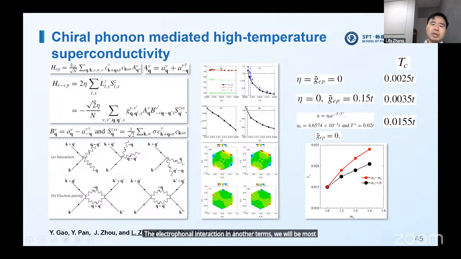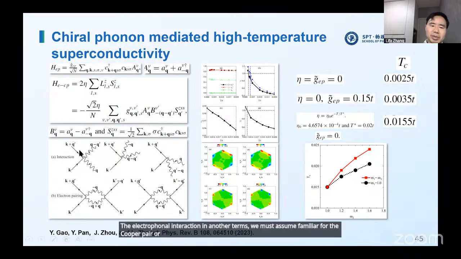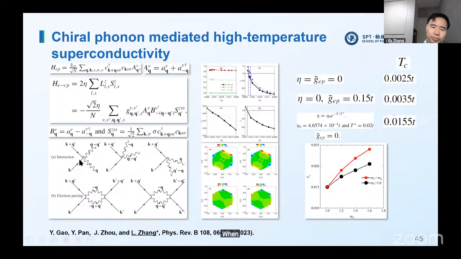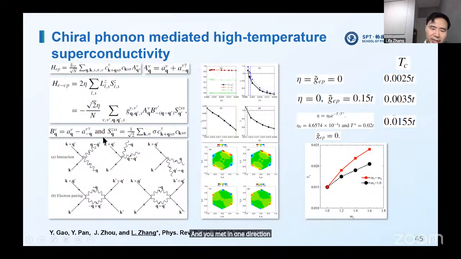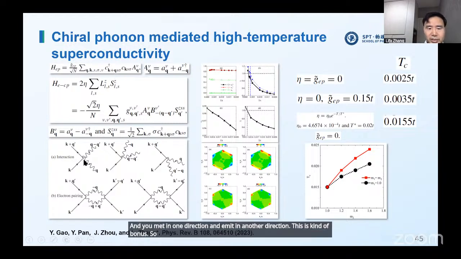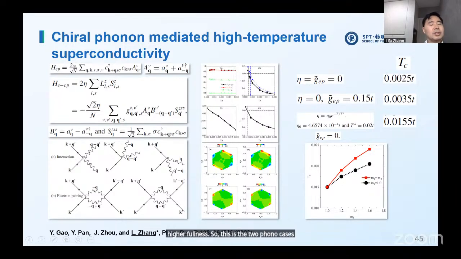Most of us may be familiar with the Cooper pair or electron-phonon interaction, with two electrons and one phonon, where an electron collides with a phonon and becomes another electron, so it is a third order term. But when the chiral phonon comes in, it may be annihilated in one direction and emitted in another direction. This is chiral phonons. It may disappear in the x direction and appear in the y direction. So this is the two phonon case in the electron-phonon coupling.